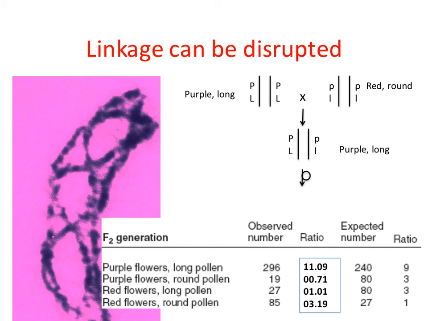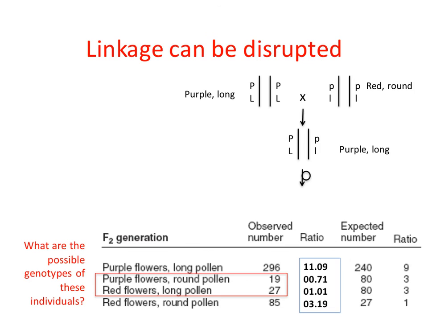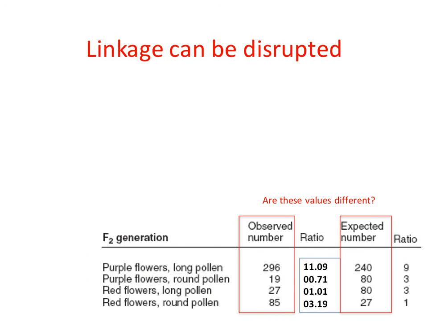So next time we start talking about what this picture on the left means, start talking about recombination. And what we're really going to start talking about, and this leads into what you need to do for next class, we're going to get back to this question. Are these numbers, the expected and the observed numbers, actually different?